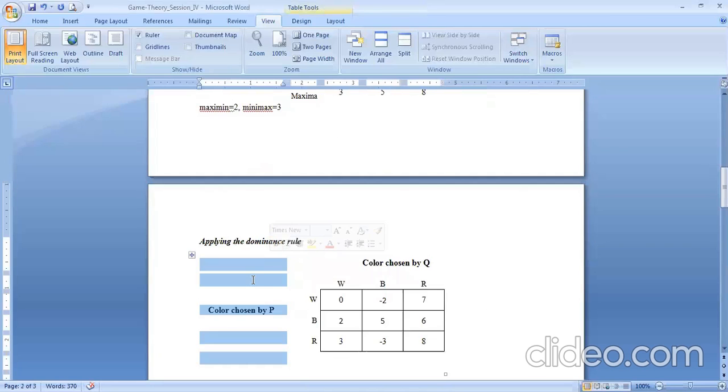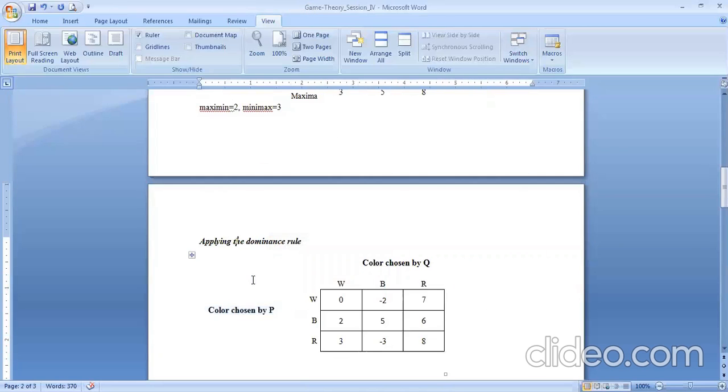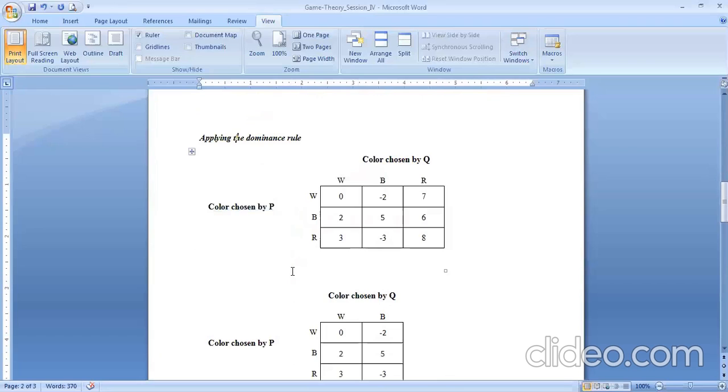So in applying the dominance rule, as I have told, first we need to make the comparison between the strategies of player P, that is, the strategies of the first player. Here, to check dominance, we compare the corresponding elements of each row with another row. Here W and B are the two rows.